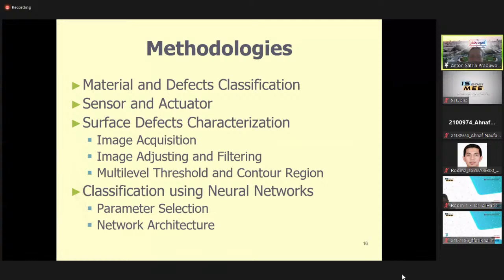We start with image acquisition, image adjusting and filtering, so this is the image enhancement part, or pre-processing, and then multi-level threshold and contour region as image segmentation. And then for the classification, we use artificial neural networks, and we perform the parameter selection, as well as adjustment, and we develop the network architecture as well.